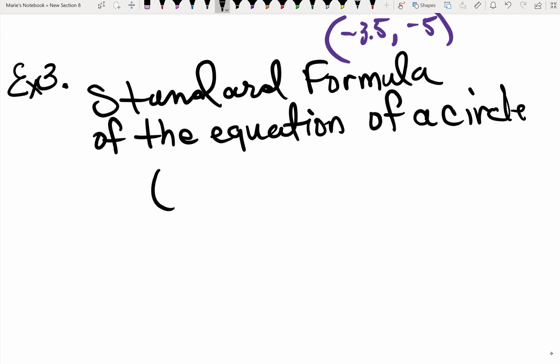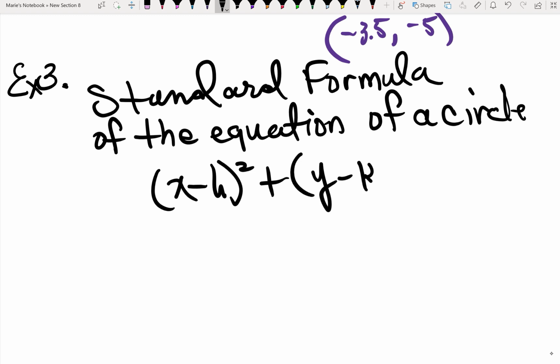And so very simple, it's x minus h squared plus y minus k squared, and this is equal to r squared.